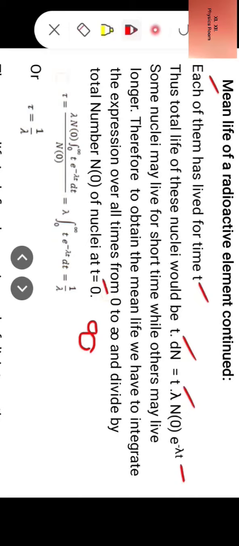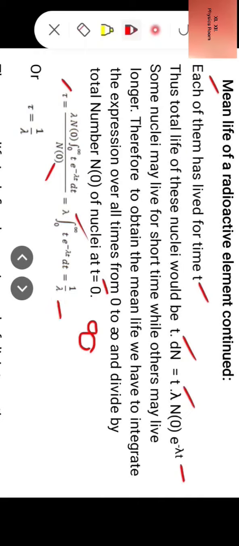Therefore, we have tau equal to λ N0 integration 0 to infinity t e^(-λt) dt divided by N0, or it is equal to λ integration 0 to infinity t e^(-λt) dt, and it is equal to 1/λ.